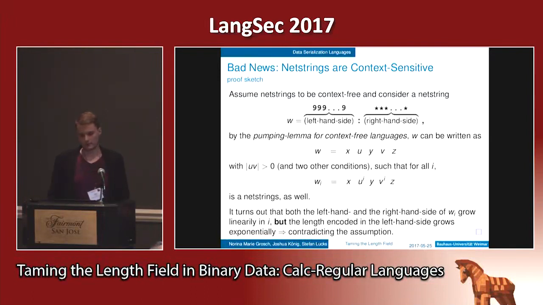There are several cases here, but if u and v are both on the left-hand side or on the right-hand side, then it's of course trivial. The interesting case is if u is in the left-hand side and v is in the right-hand side. What happens if we do that? If we add a symbol on the left side, we increase the number by factor 10. But of course, we only add a fixed number of symbols on the right-hand side.